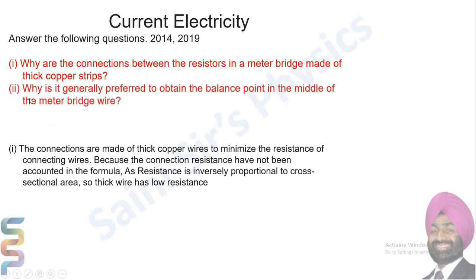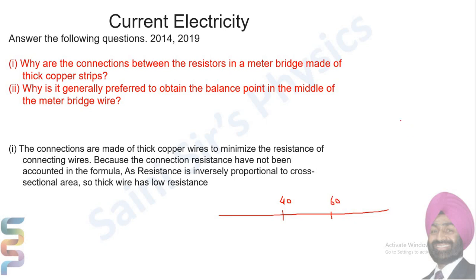Second question, why is it generally preferred to obtain the balance point in the middle of the meter bridge wire? The length of the wire is 1 meter. We try to keep the balance point between 40 centimeter and 60 centimeter.